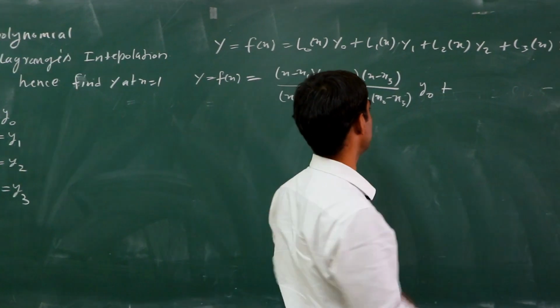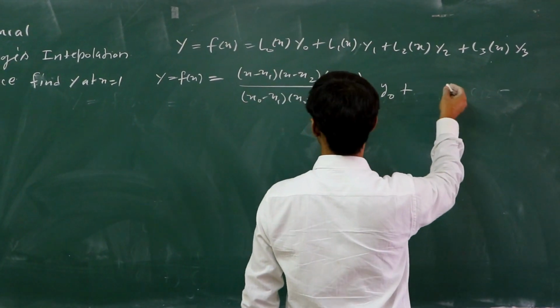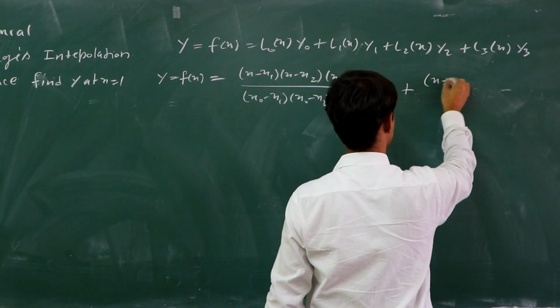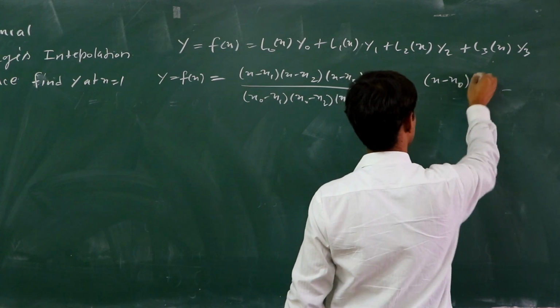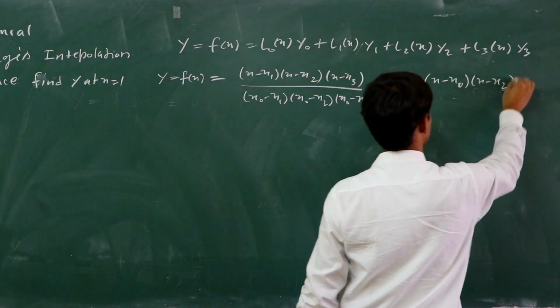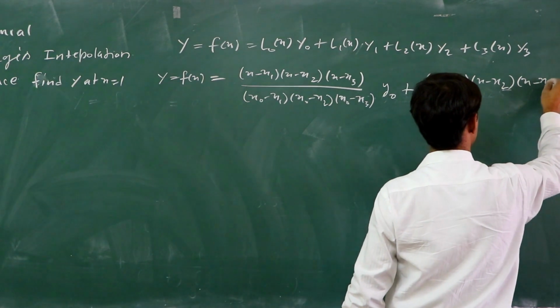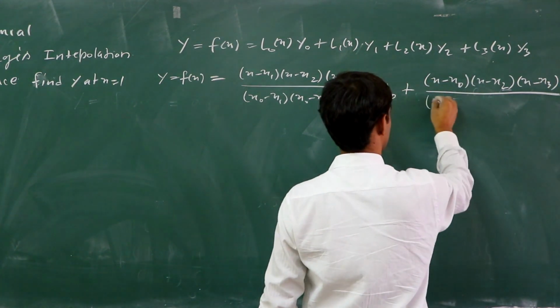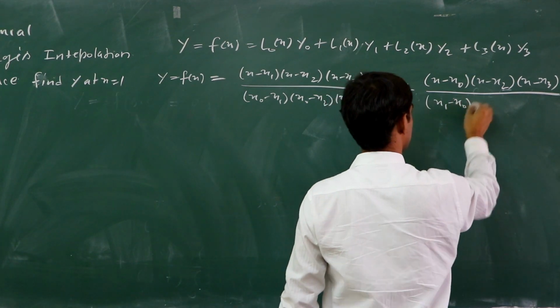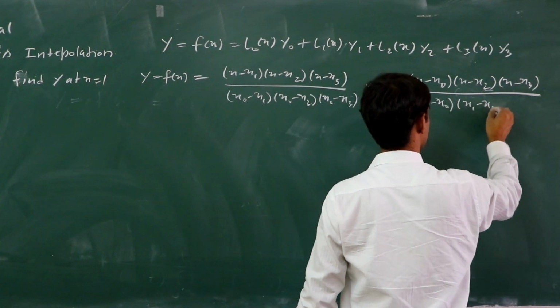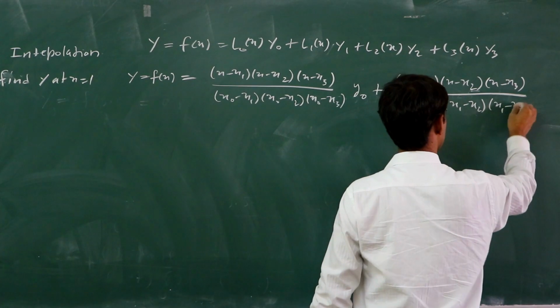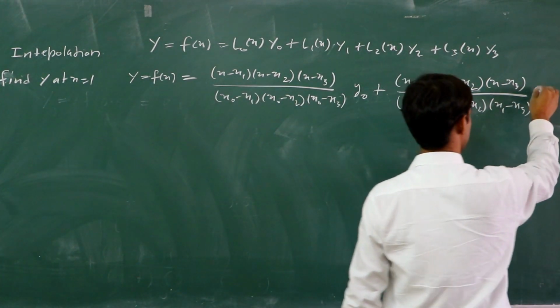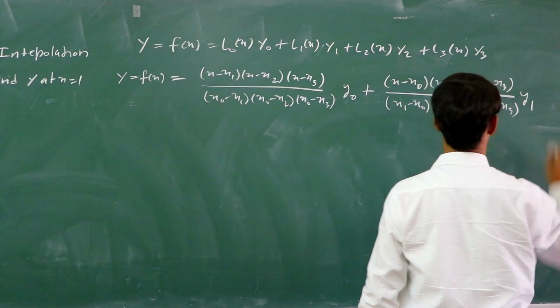What is the value for L1(x)? (x minus x0)(x minus x2)(x minus x3) divided by (x1 minus x0)(x1 minus x2)(x1 minus x3), multiplied by y1.